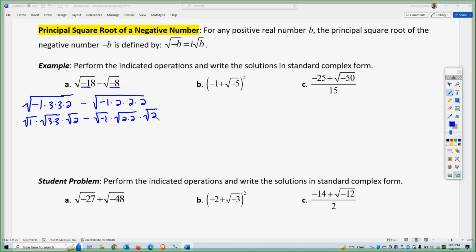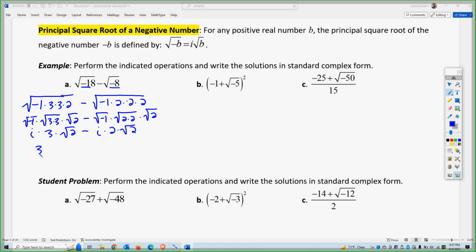Okay, so you can see that some of these break down. Whoops, that's -1. I said one thing, but did another. Okay, so -1, that's an i. That's a 3, and that's a root 2. That's an i. That's a 2. And that's a root 2.